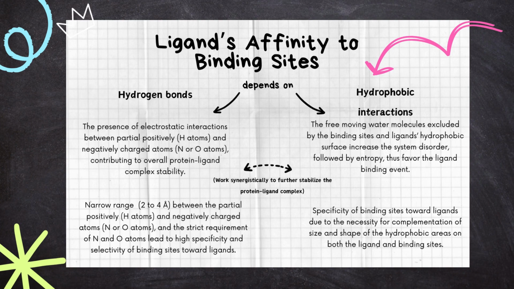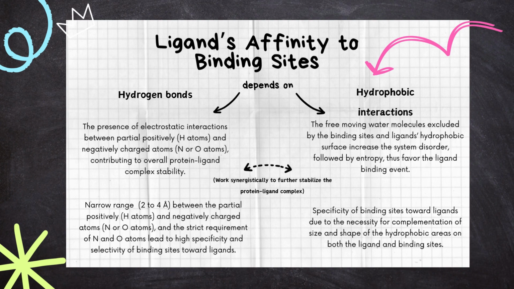Hydrophobic interactions are other driving forces that facilitate ligand binding. They involve the exclusion of free-moving water molecules by the binding sites and the hydrophobic surface of the ligands, which increases system disorder, followed by an increase in entropy, and hence favors the ligand binding event.